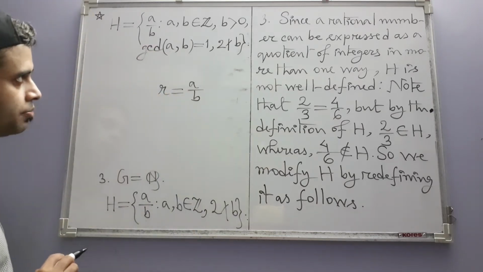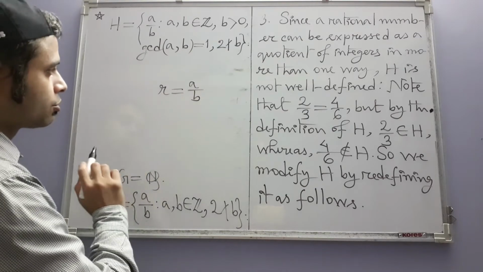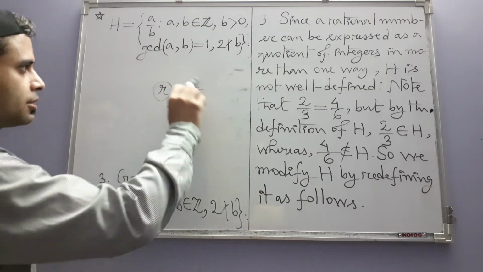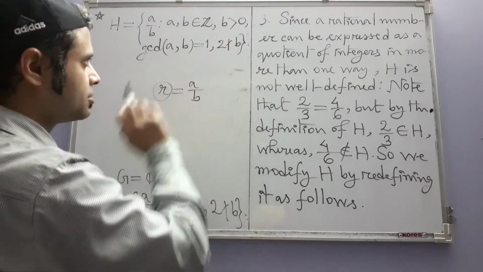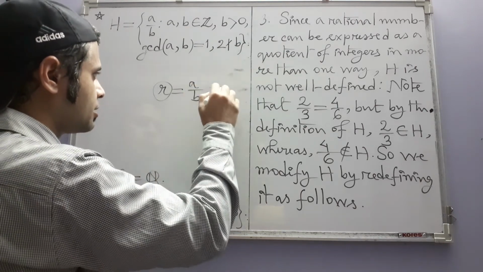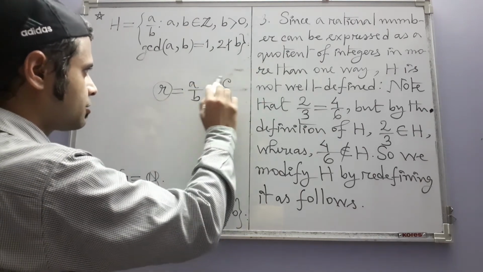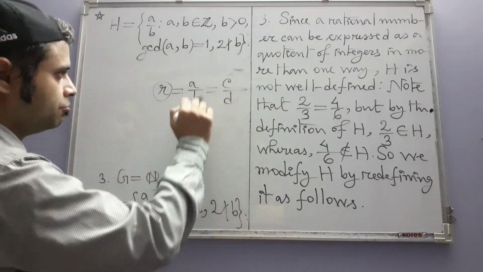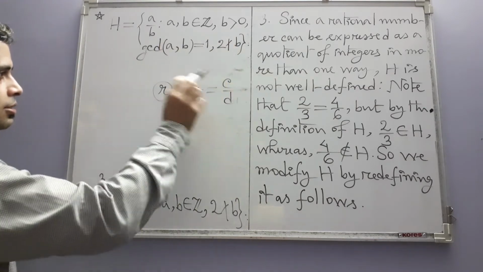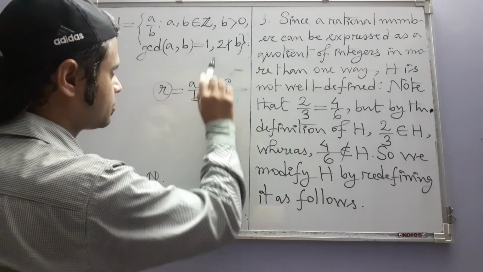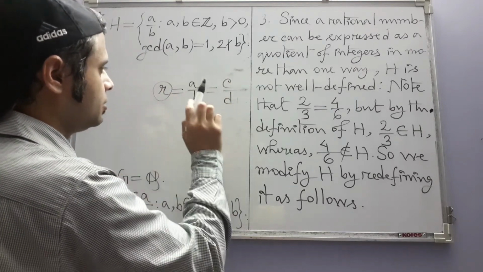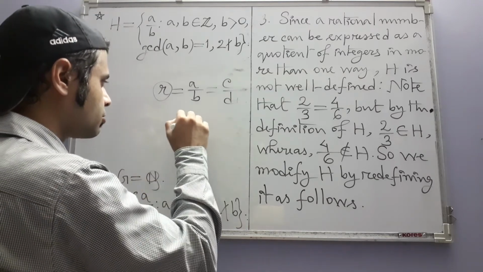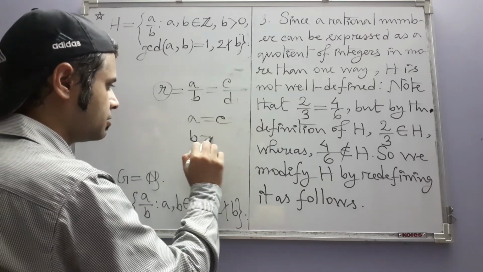Here however you can, because you can in fact show that if you have a rational number expressed in this form where a and b satisfy all these conditions, and it can also be expressed as a quotient of 2 possibly other integers c and d which also satisfy these conditions, that is, c and d are integers where d is positive, c and d are relatively prime and 2 does not divide d, then you will be able to show that a is equal to c and b is equal to d.